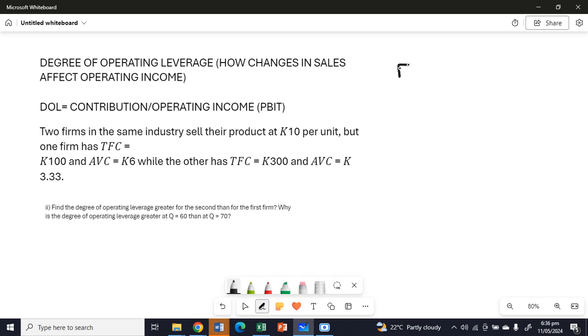So for firm one, we say the total fixed costs 100, average variable cost 6 kwacha.